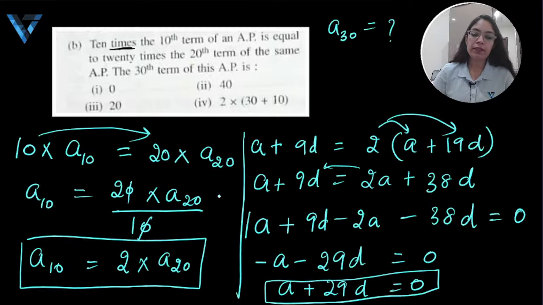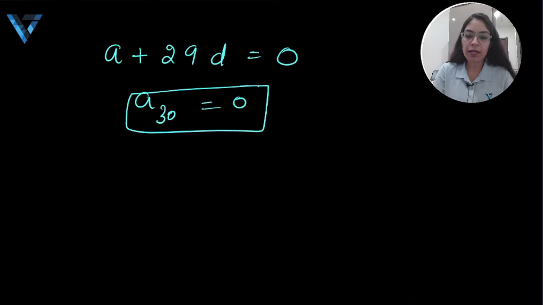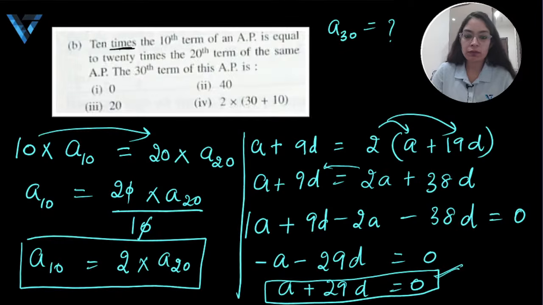After solving the given equation, I got A plus 29D is equals to 0. So A plus 29D we can write as the 30th term, and this is equals to 0. The 30th term of this sequence is equals to 0. So the first option is the correct answer.